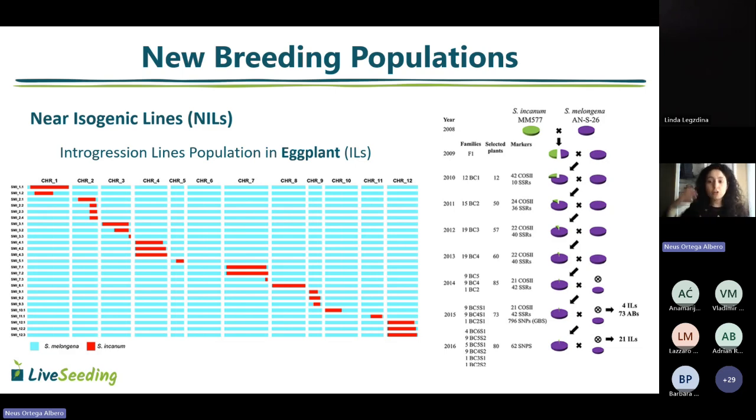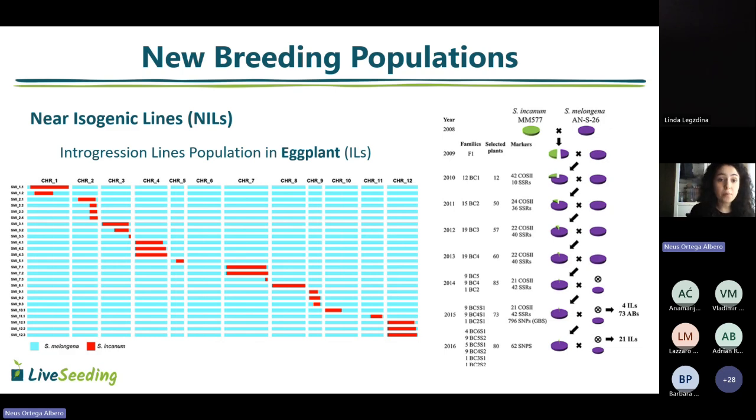Then after a lot of backcrossing, what we have is the exact genome of the commercial variety with all the good traits we are selecting of the commercial variety, let's say fruit quality, yield, adaptation to the organic conditions, whatever. And then we also select these individuals which also have the resistance to the virus. So this is the idea of the NIL.